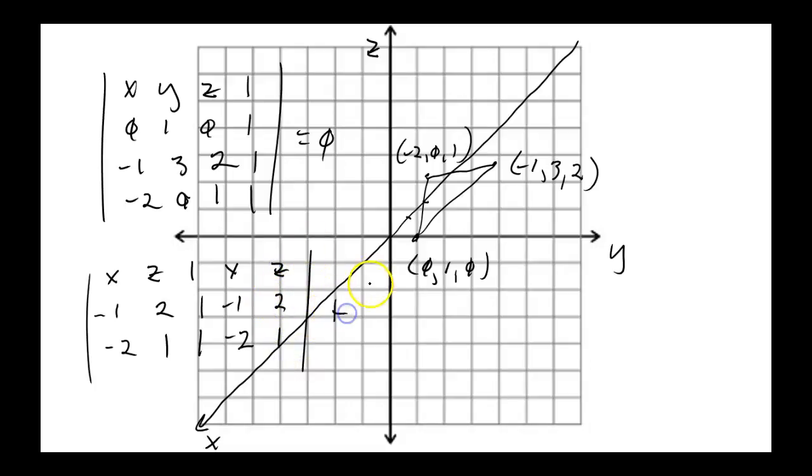And then we're going to do a plus, and that last one is going to be a little easier, x, y, z, negative 1, negative 2 going downward, 3, 0 going downward, 2, 1 going downward, and then repeat that, x, y, negative 1, 3, negative 2, 0.